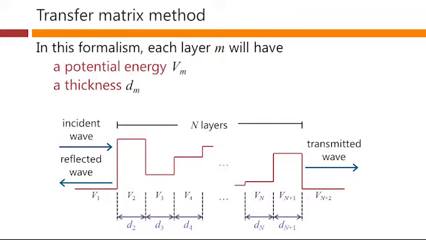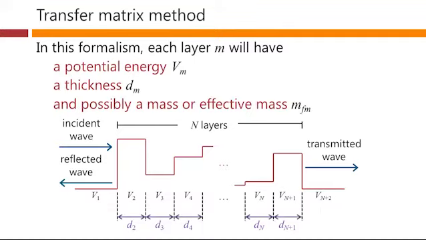As I said, layer 1 is supposed to be infinitely thick in this direction, and layer n+2 infinitely thick in that direction. And then also each layer may possibly have a mass or effective mass that could be different for each layer. So we can give those labels and numbers associated with them as well.